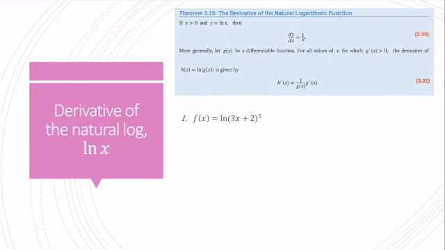Next, what if I have the natural log of 3x plus 2 to the 5th? We've got a lot going on here. The first thing I need to do is remember I have a composite function. So I take the derivative of the outside, and then I take that times the derivative of the inside.